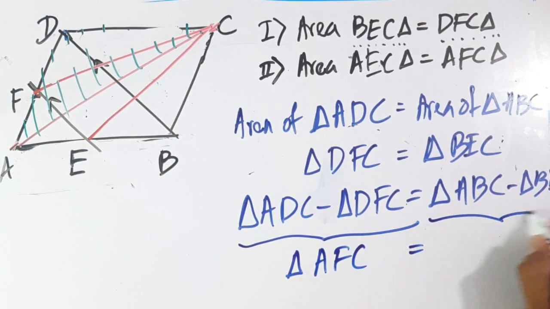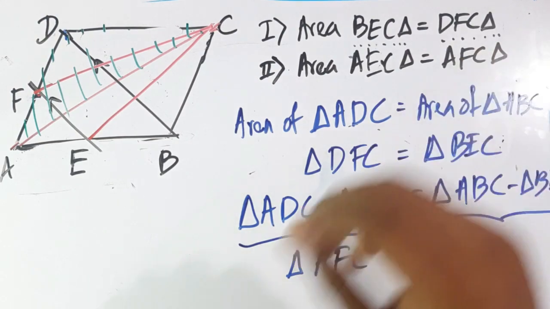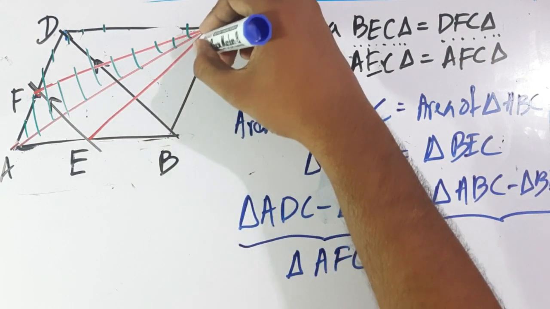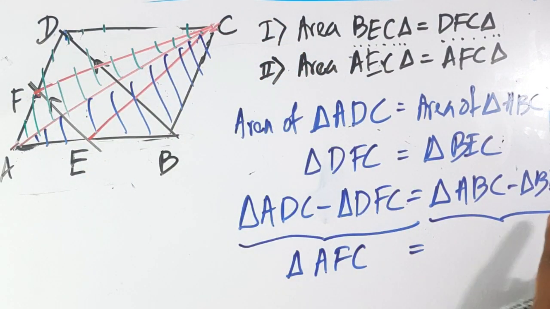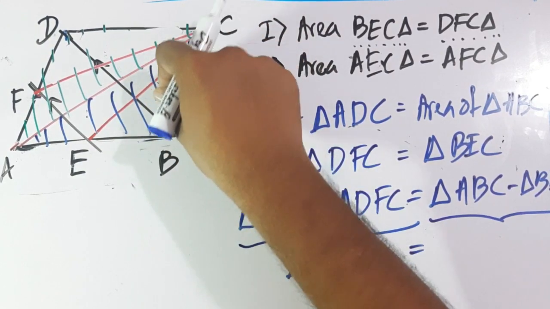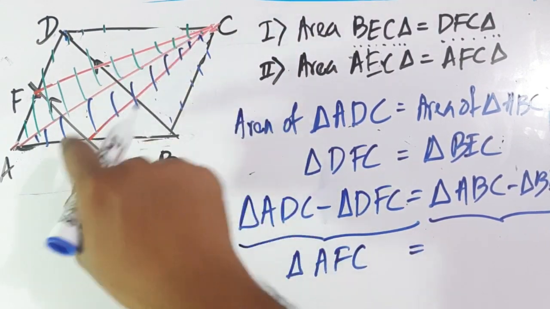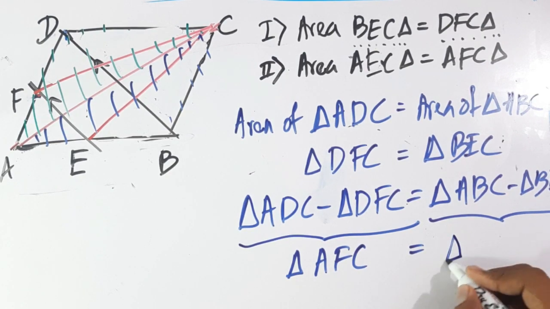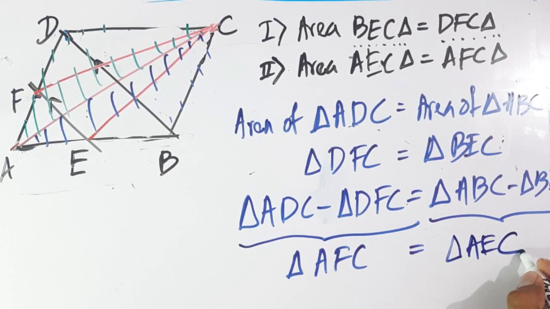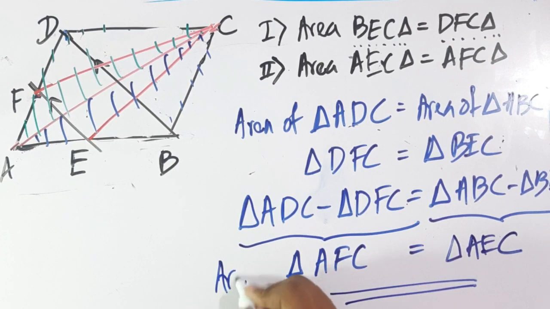And on the other side, this is the triangle ABC. From that, when I subtract BEC, that is this part, you can clearly see the area of AEC is remaining. So when you subtract, you get the area of triangle AEC. Now you have got what you want, that the two areas are equal. Make sure you mention the word area on both sides. So that's how you show the second part of this.